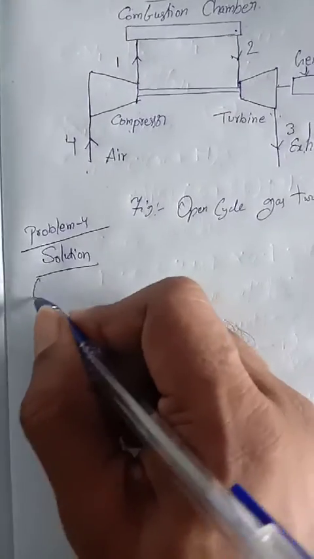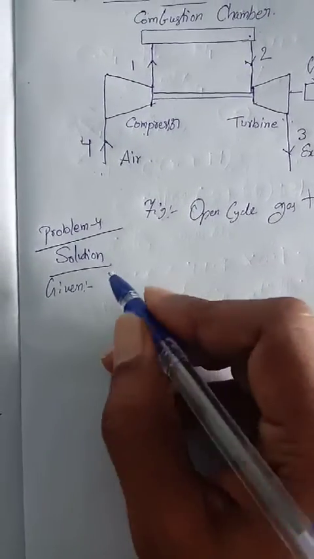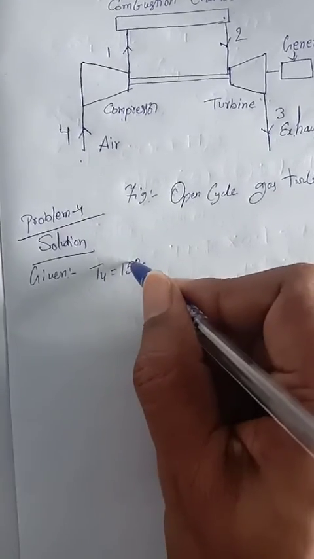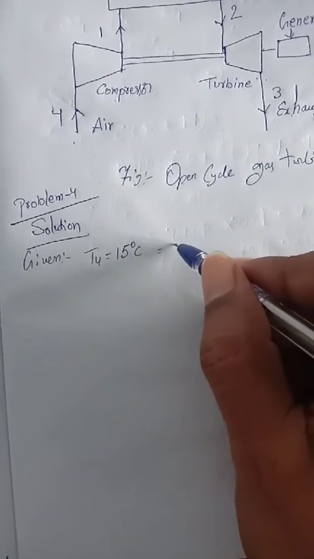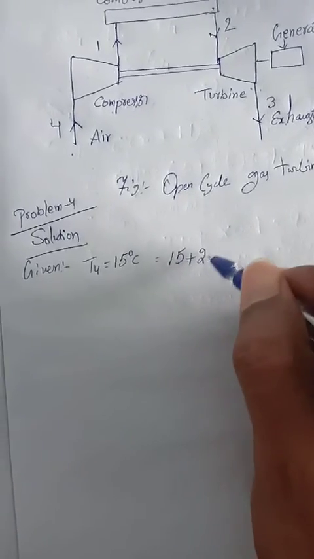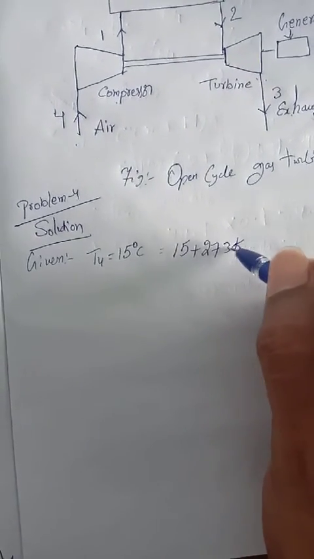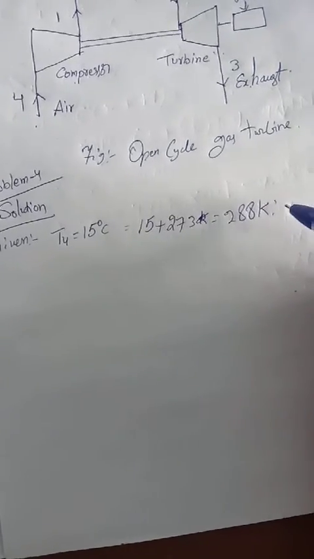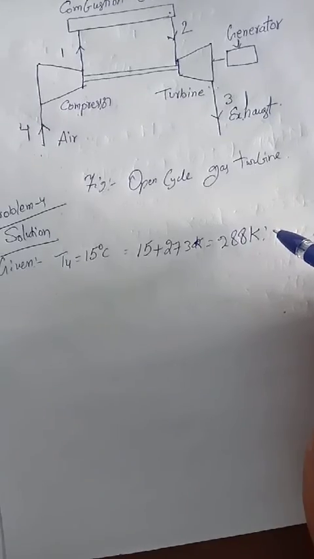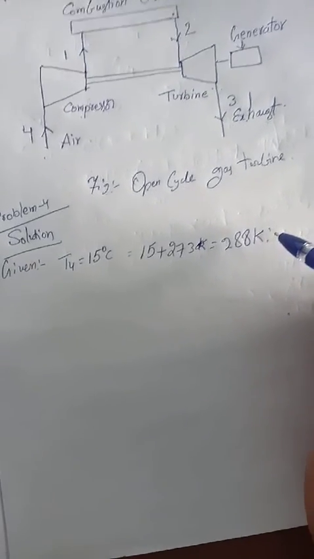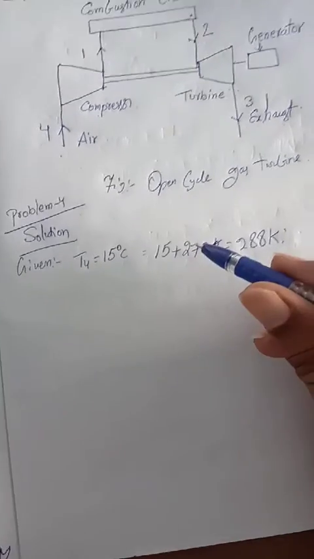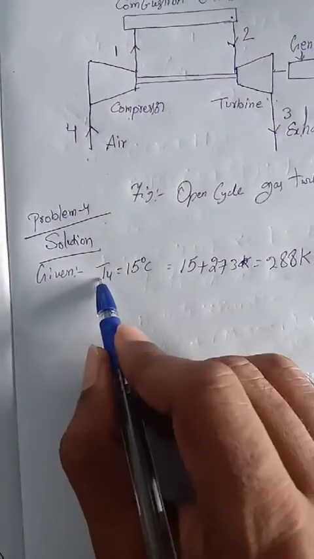Solution, given: T4 is equal to 15 degrees centigrade, so we take 15 plus 273, that is equal to 288 kelvins. T4 comes here because the gas turbine plant works between a temperature range of 15 degrees Celsius and 700 degrees Celsius, and the outside temperature we take as T4.